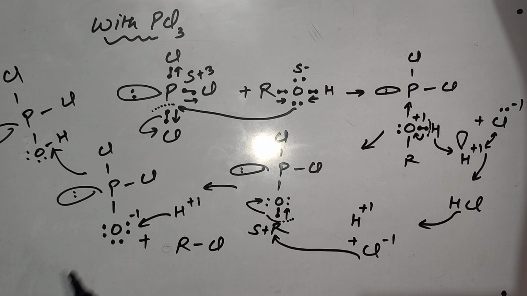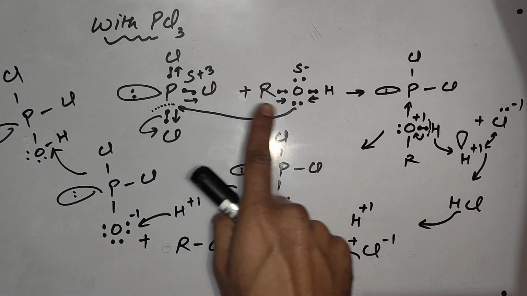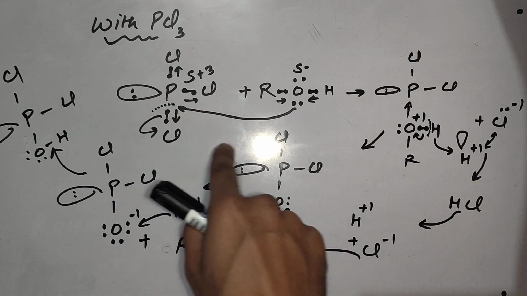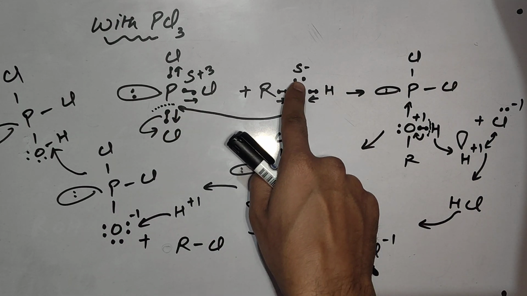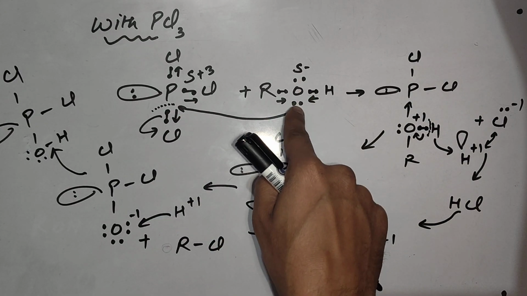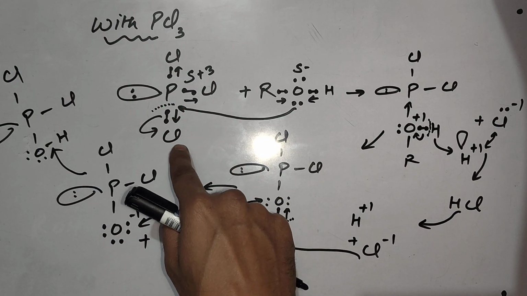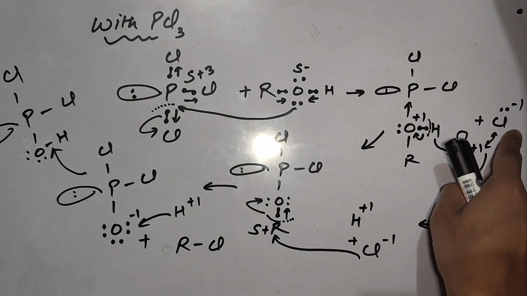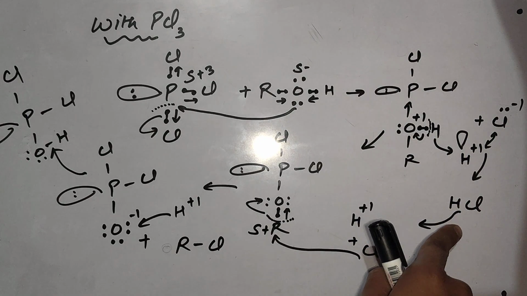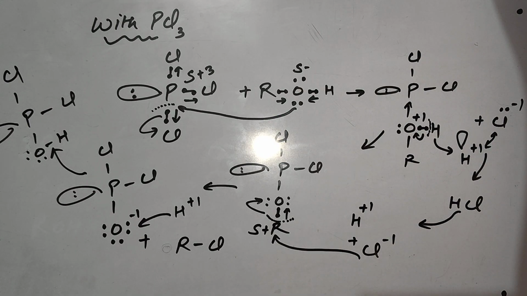Now, we still have two chlorines there. This whole process was done by one chlorine. Again, I am repeating: PCl3 reacts with ROH, oxygen carries a negative charge, phosphorus carries a positive charge. So oxygen attacks phosphorus, the bond breaks between phosphorus and chlorine. Cl negative is released, which will attack H positive to give HCl. But HCl is a strong acid, so it gives back H positive and Cl negative.